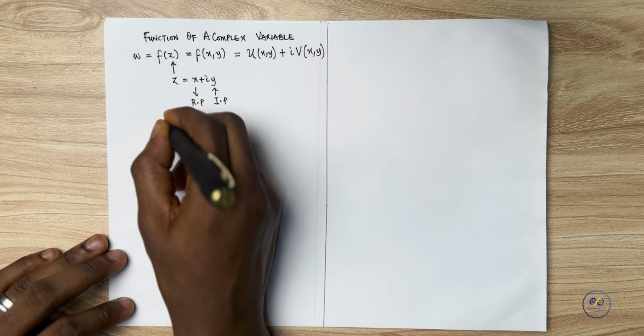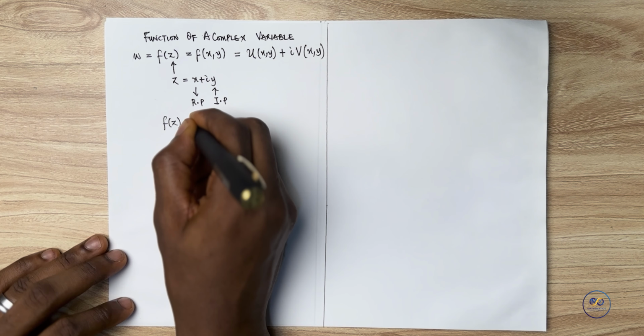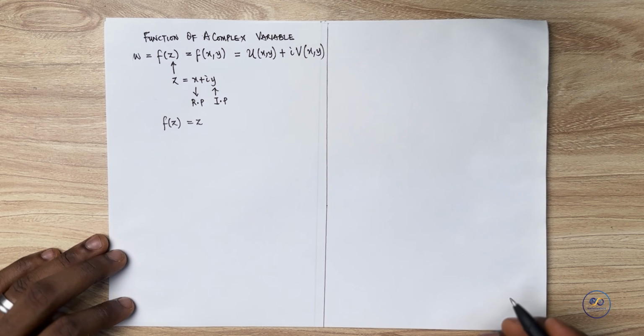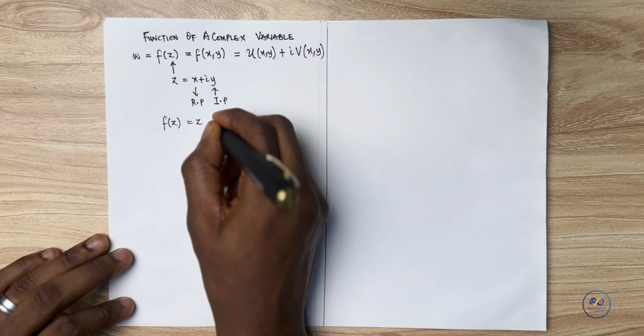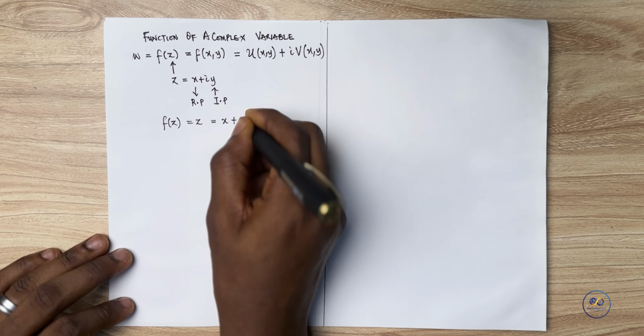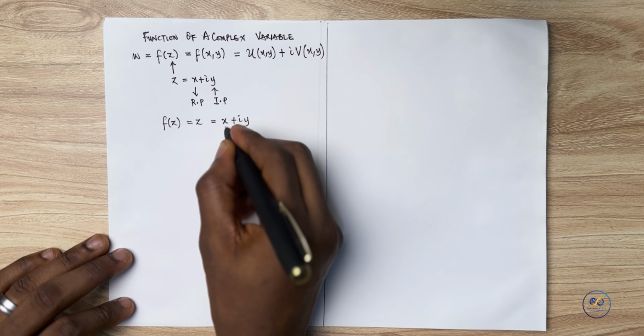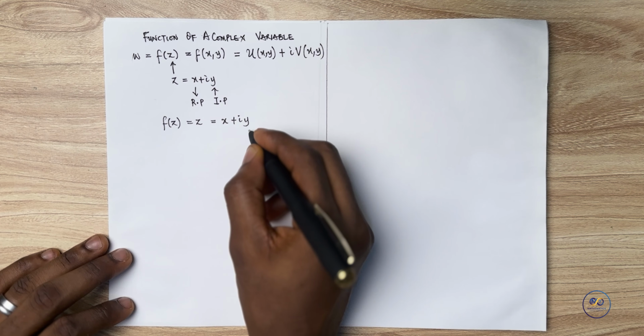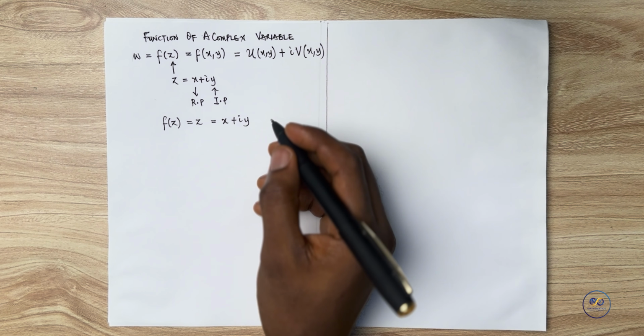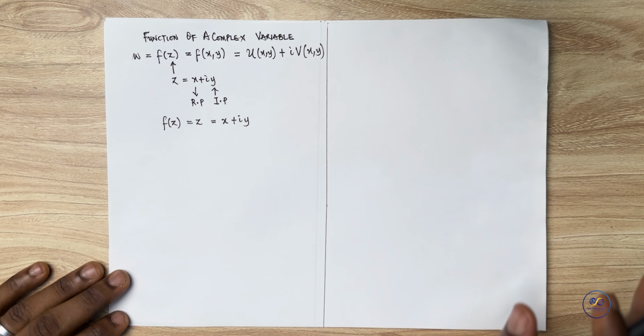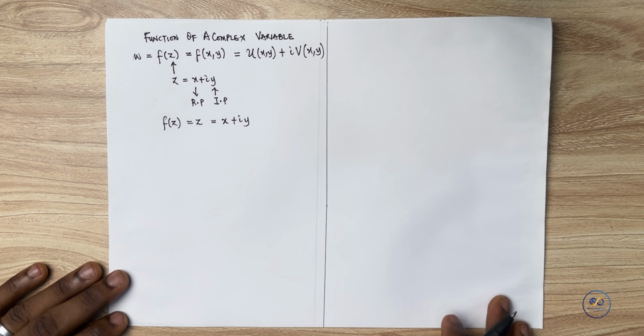If we refer to a function like f of z equals z, this is a very simple and basic function, which you can rewrite as x plus iy, which would mean that in this case u is equal to x and v is equal to y. This is the simplest you can find as far as complex functions.